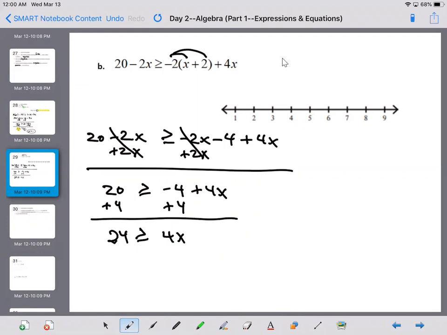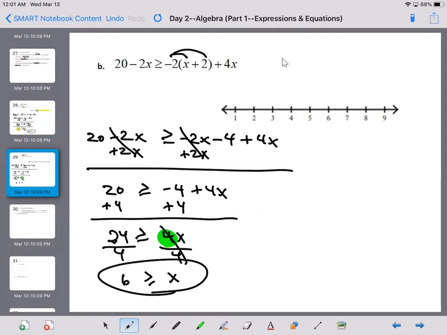And this is a positive coefficient, so when I divide by 4, 24 divided by 4 is 6. So 6 is greater than or equal to x. 6 is greater than or equal to all of the solutions. Or I could say x is less than or equal to 6. These mean the same thing. Just notice what the inequality would be if the variable is on the right, and what it would be if the variable's on the left. Okay?